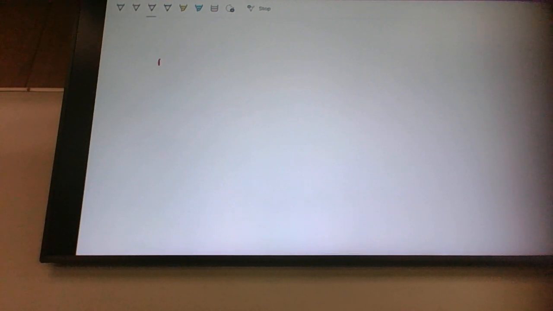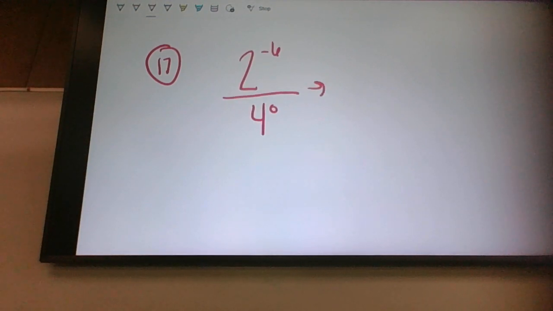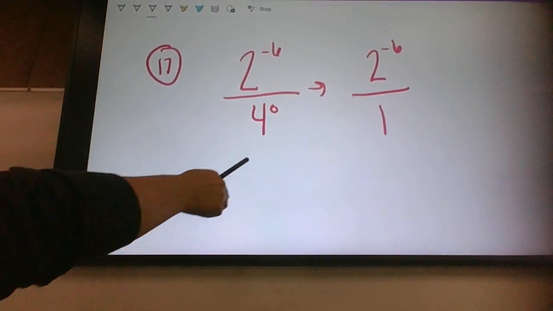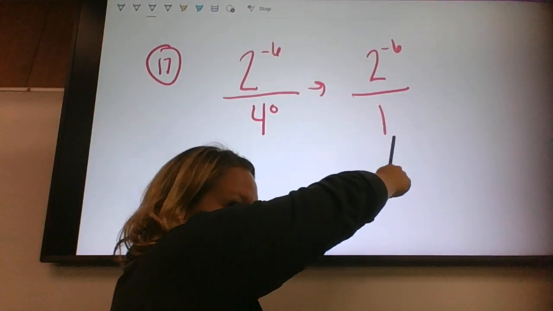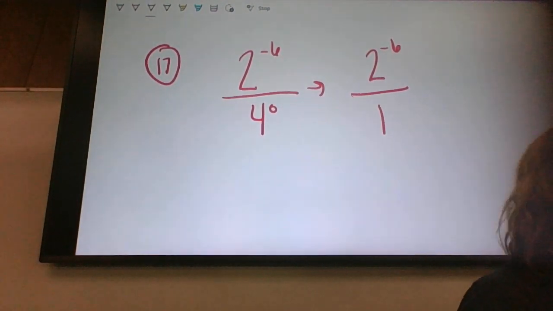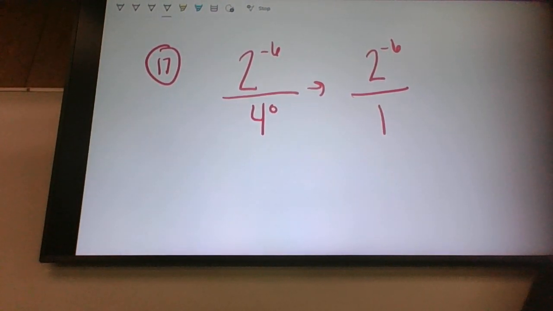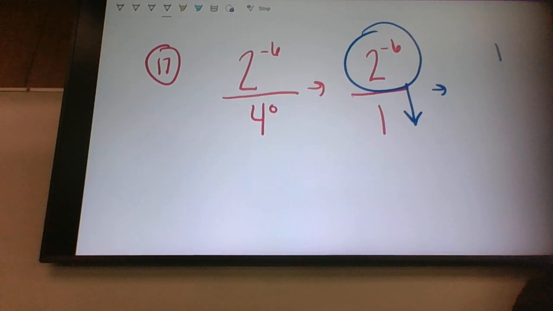All right, so 4 to the 0 I know is 1. So that's my first move. It's my easiest move in my opinion. Now I'm going to take this and bring it down so it can become positive.